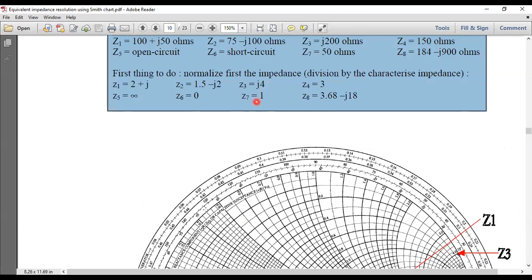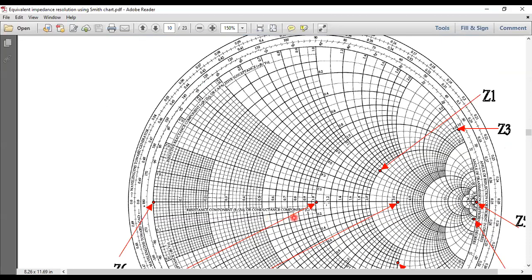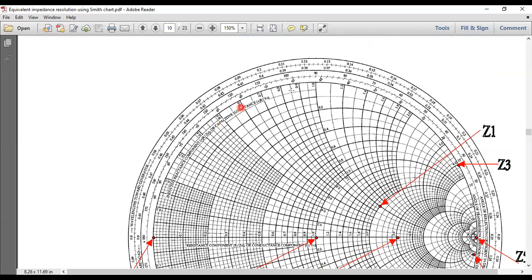Now you have to go on this circle, here it is 0.1. Why on this circle? Because this is the circle of 0. This is 0.1, 0.2, 0.3, 0.4, 0.5, 0.6, 0.7. This is 0.1, 1.2, 1.4, 1.6, 1.8, this is 2, this is 3, and this is 4.